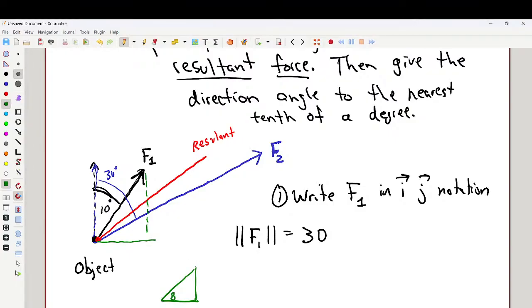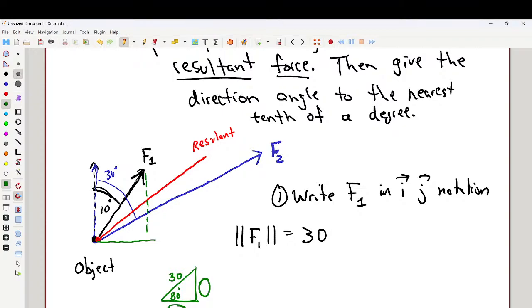So I'm going to draw a picture over here using 80 degrees. And force 1 has a magnitude of 30. Then what is this horizontal component? And what is this vertical component? 30 cosine 80 and 30 sine 80.